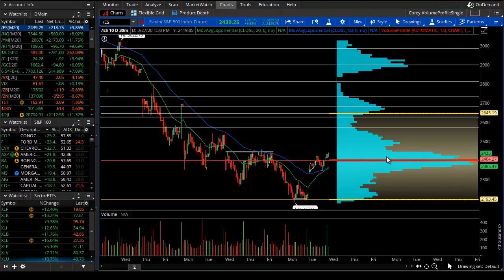The red line is something special. It's called the point of control, or the highest bar on the distribution table. The yellow lines are sort of like the weekly expected moves. Not exactly, because they are not option statistics, but they are volume statistics.